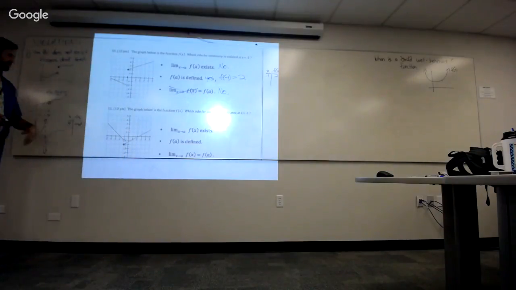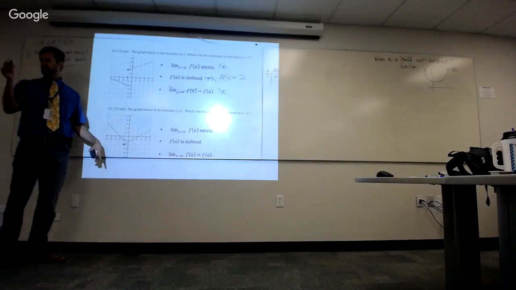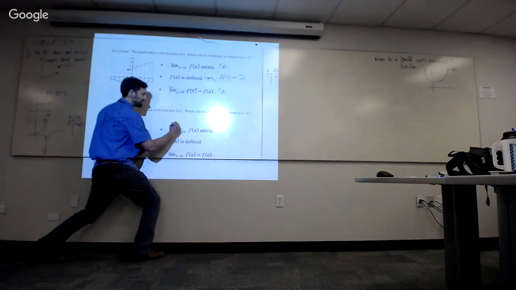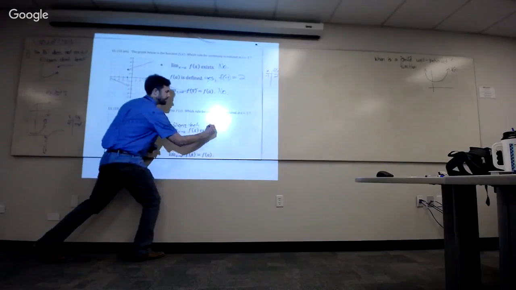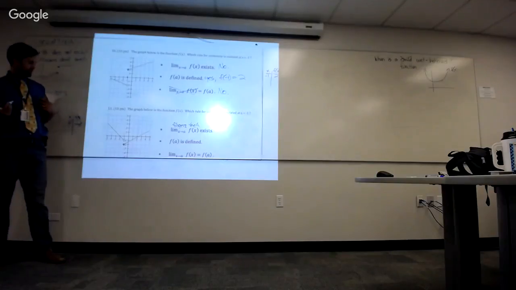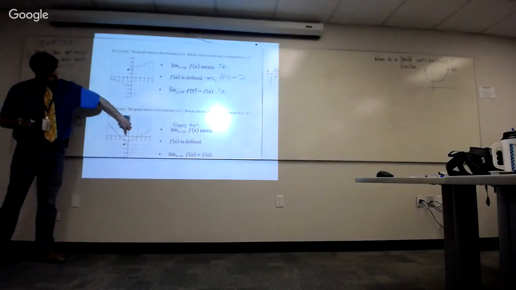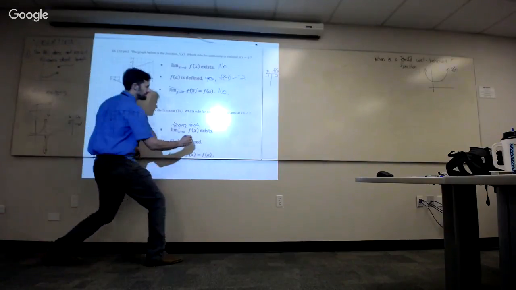Okay, same goes for the next one. So does the limit exist? And again, like in the beginning, you might want to put that English in there. Do the fingers touch? No. Is the point defined at x equals -1? What's the output? -2. So yeah, that point is defined.